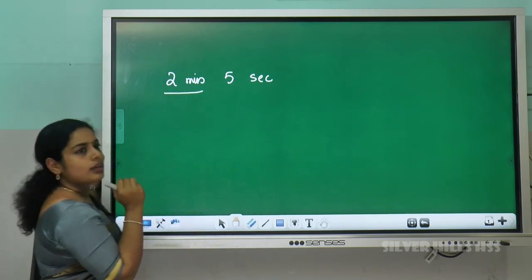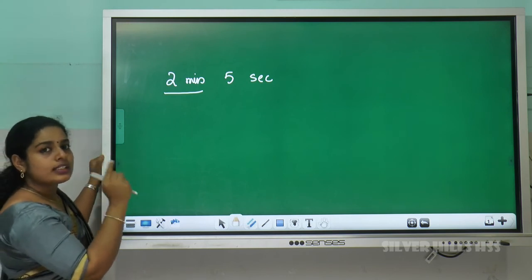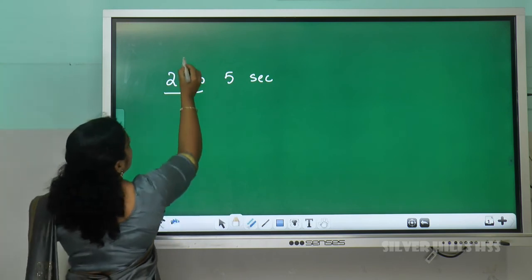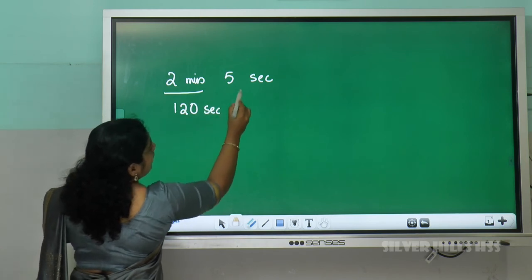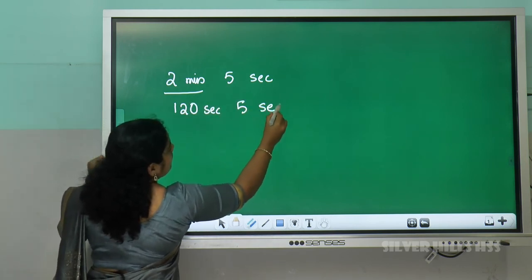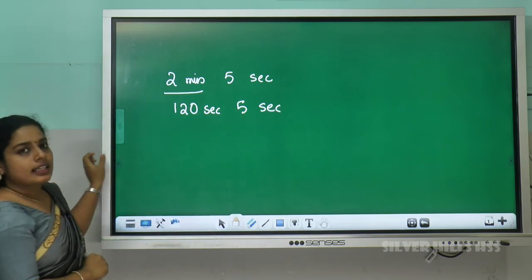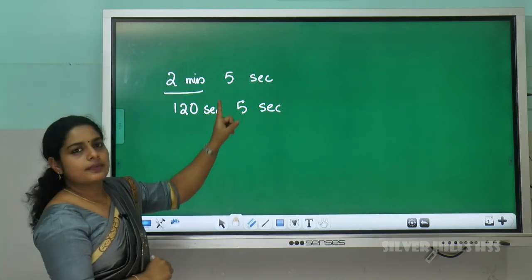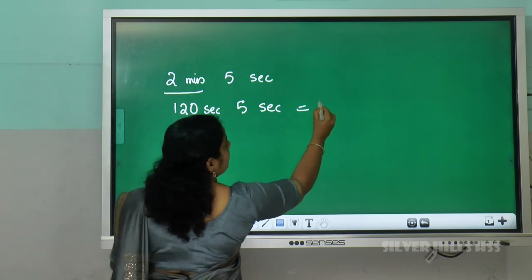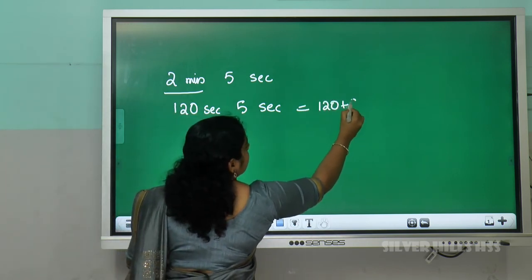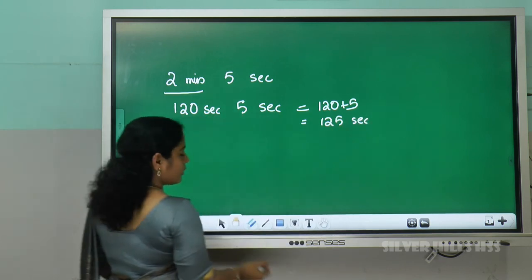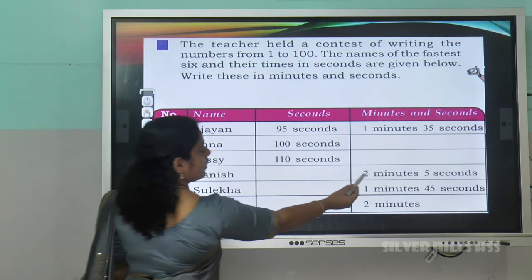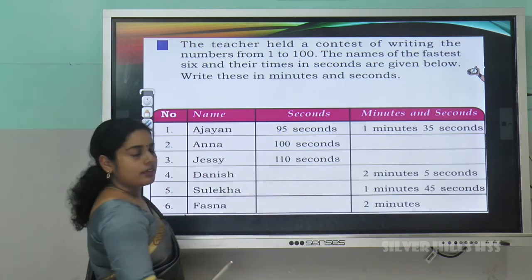And from the table we will get 2 minutes is what? 2 into 60, that is 120. So instead of 2 minutes we will write what? 120 seconds, and here we have 5 seconds. So in total how many seconds we have? 120 plus 5, that is 125 seconds. Okay. So here 2 minutes 5 seconds is 125 seconds.